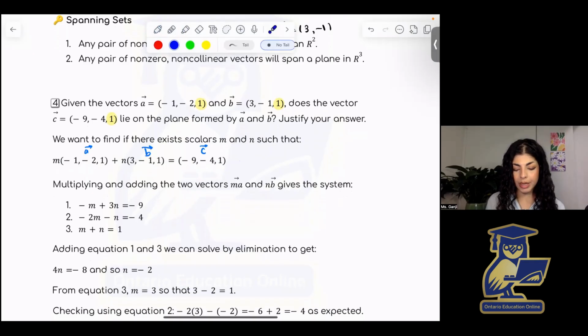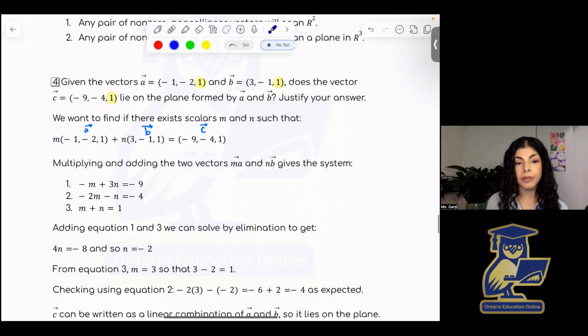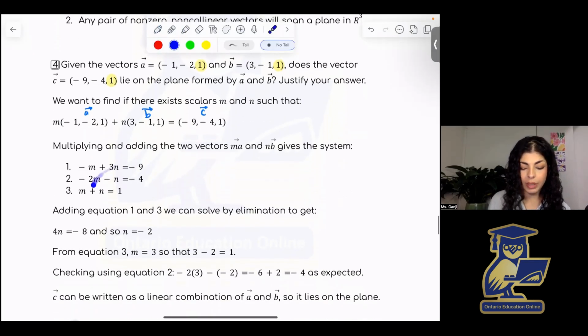And now we have the system of equations given by these three equations. For my X component, I have -m plus 3n, which has to be equal to -9. For the Y component, I have -2m minus n is equal to -4. And for my Z component, I have m plus n, which is equal to 1.